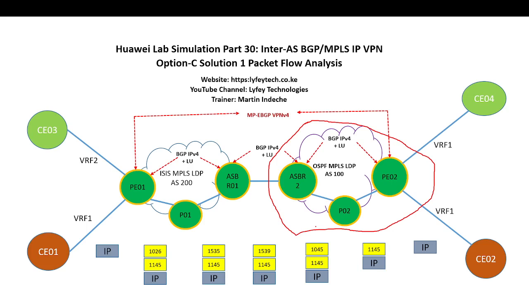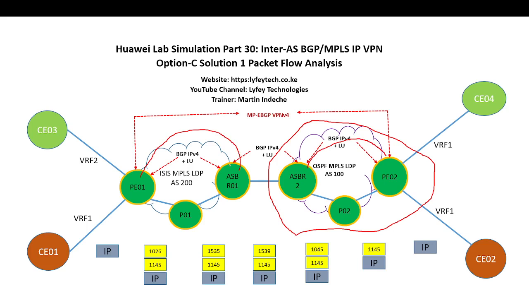So with option C, we have mentioned that we are configuring BGP label unicast between the PEs and the ASBRs, and also between the ASBRs. So we have BGP label unicast between PE01 and ASBR01. We also have BGP label unicast between ASBR02 and PE02.